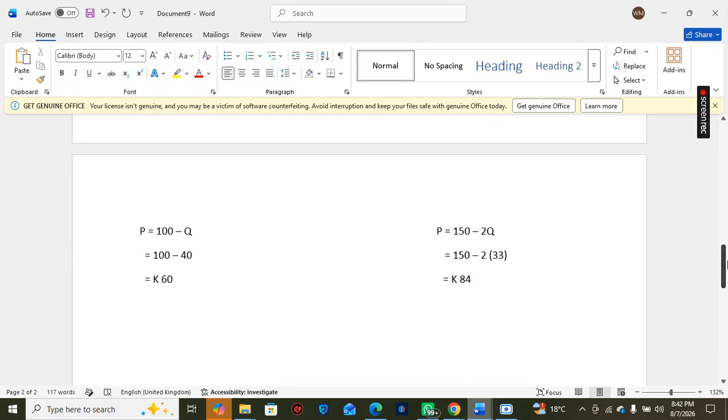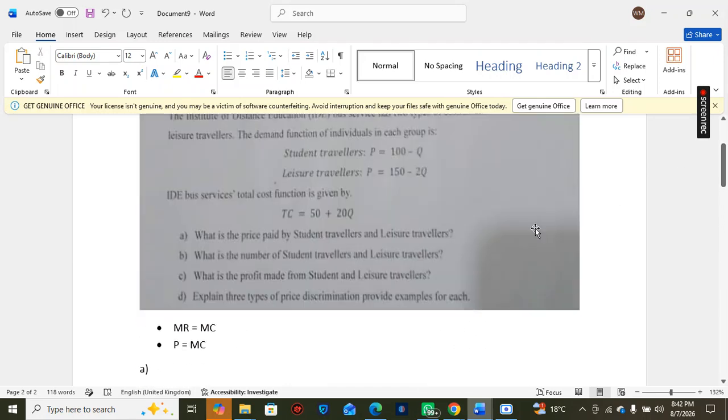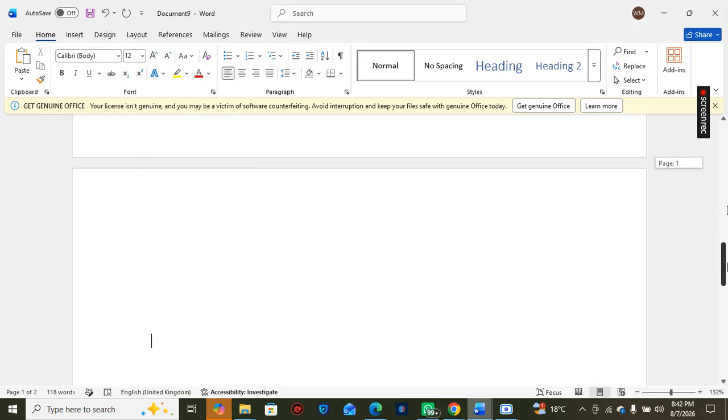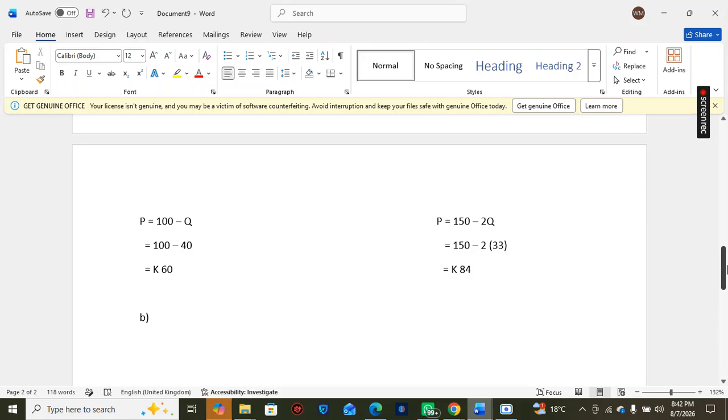Go to part B. It says, what is the number of student travelers and leisure travelers? Okay. So we get the total number.